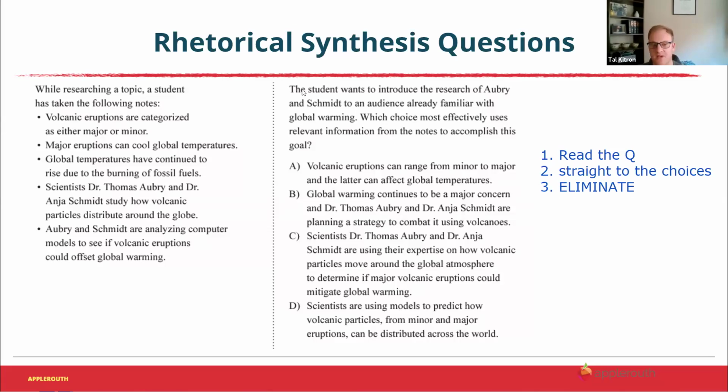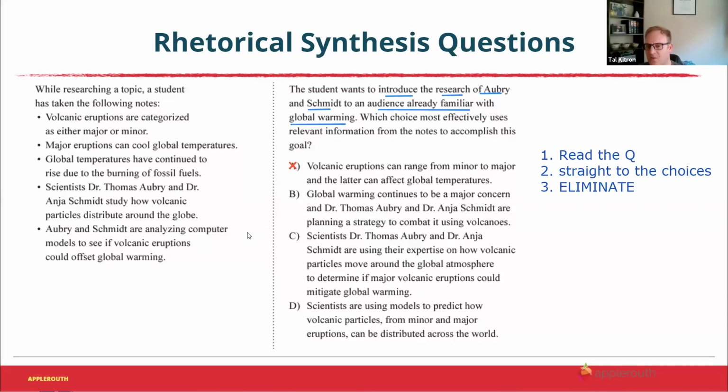For example, here our job is the student wants to introduce the research of Aubrey and Schmidt to an audience already familiar with global warming. And then that next sentence is boilerplate language, which choice uses information from the notes to accomplish this goal. I mean, A is terrible. It doesn't mention Aubrey or Schmidt or global warming even. So A is not good. B is okay.